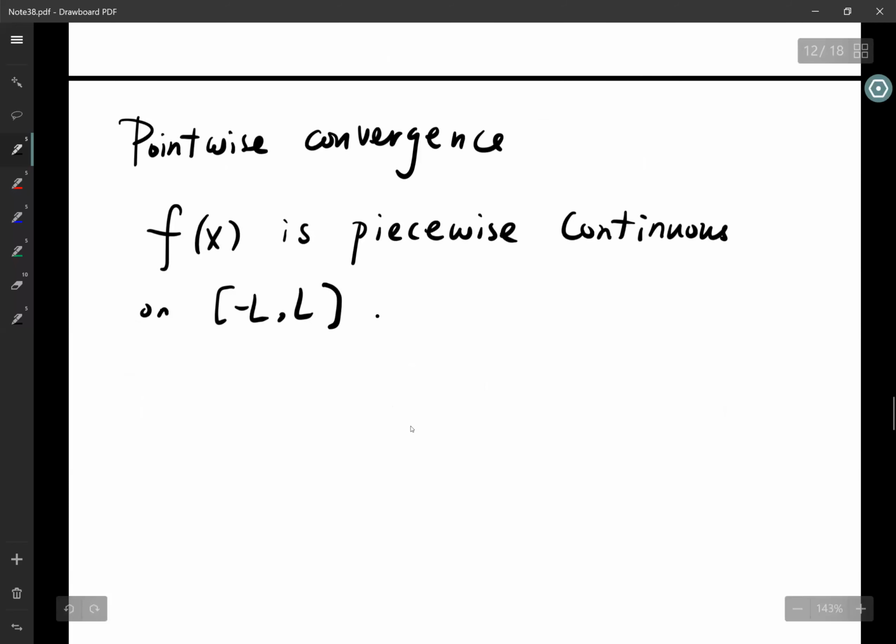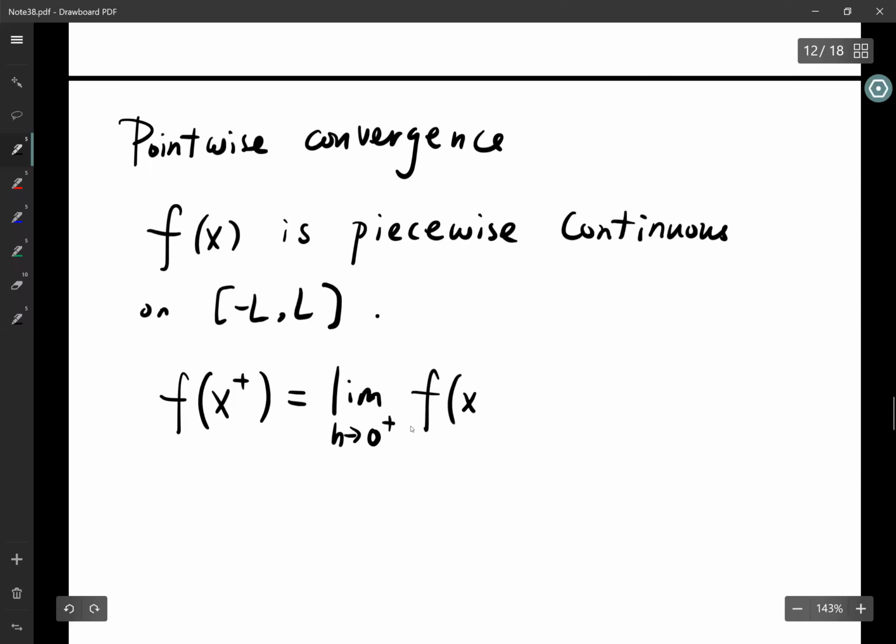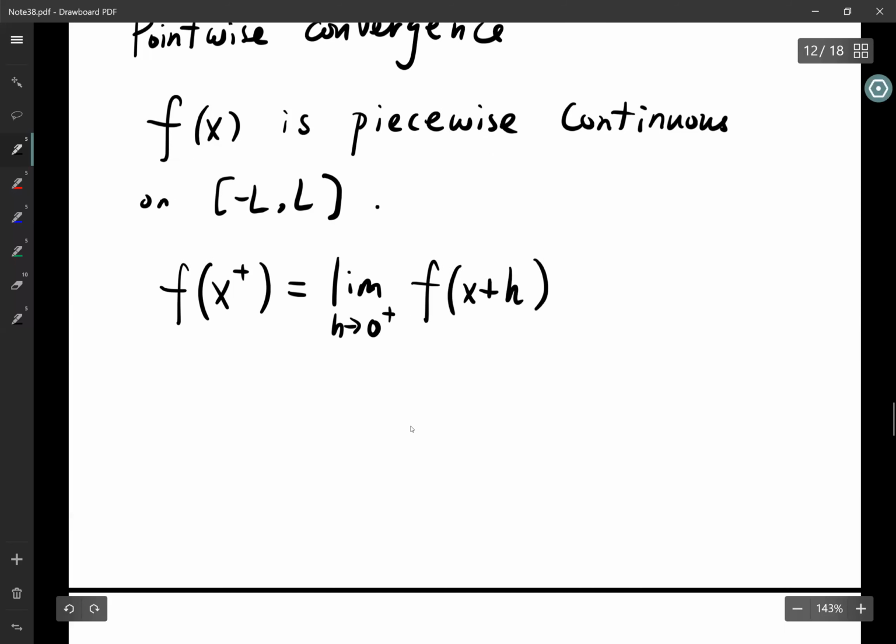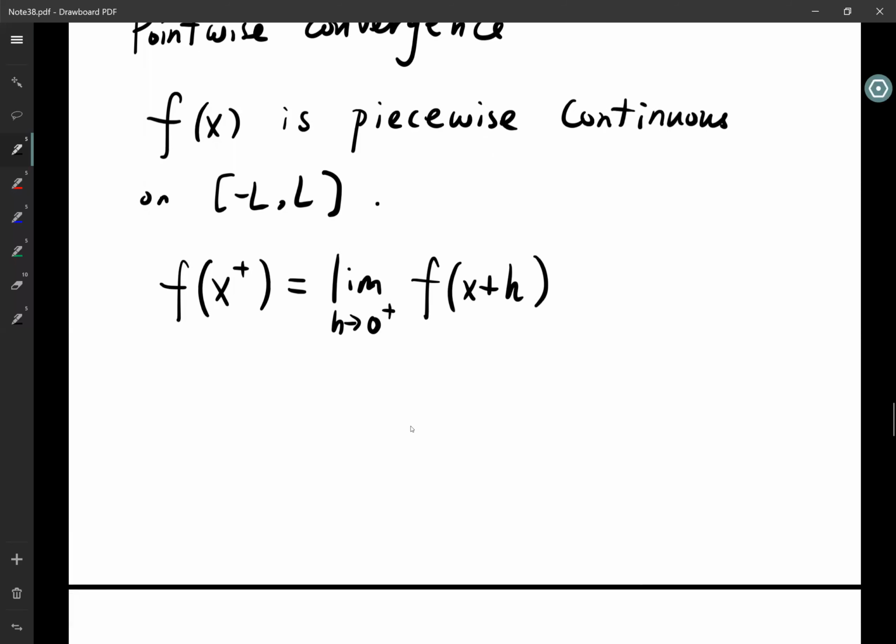At each point x, I can define f(x plus). This would be the limit as h goes to 0 plus of f(x plus h). It means that I have a function here, and it is evaluated here and here.